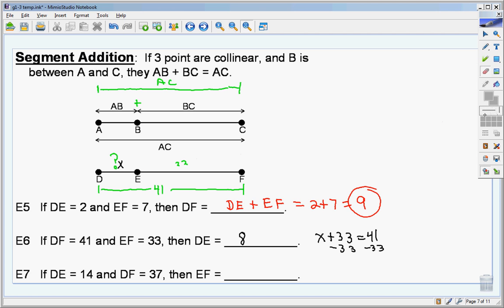Again, the next problem doesn't have anything to do with what I put up there already. So DE is 14. It says DF is 37. And it asked me to find EF.